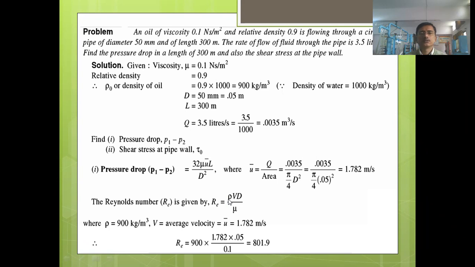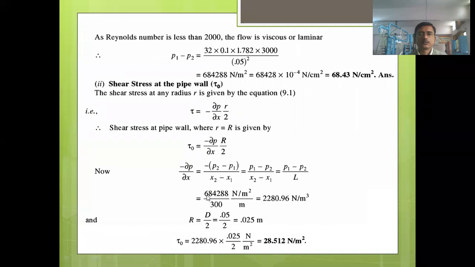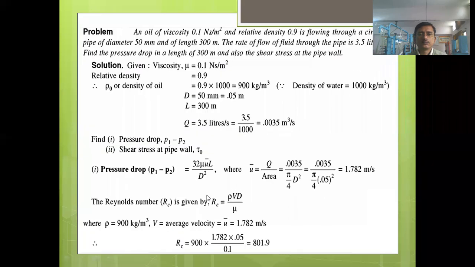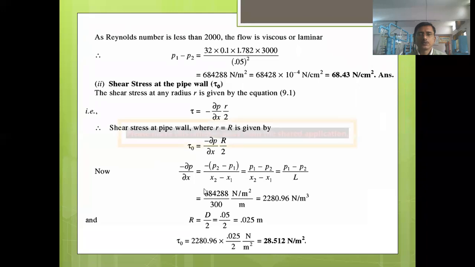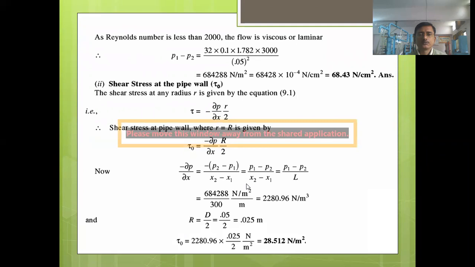We have written the problem, then write down the given things. The procedure is similar to the previous problem, just follow that. Also, shear stress we need to find at the pipe wall, which means we have to use the equation of shear stress distribution, and we need to find the value of tau 0.